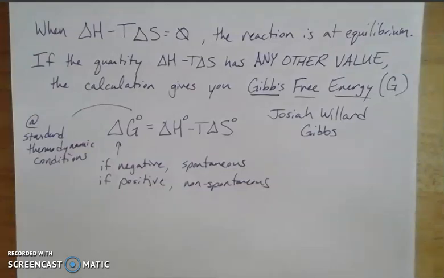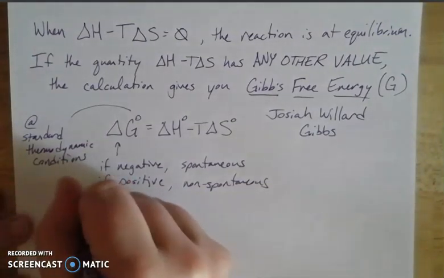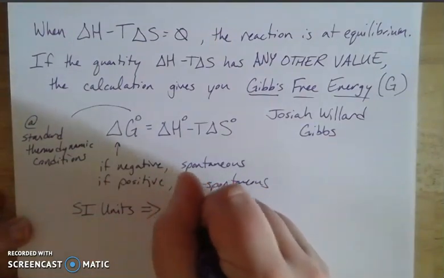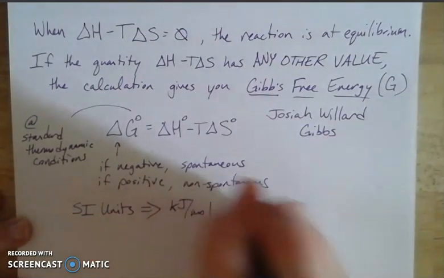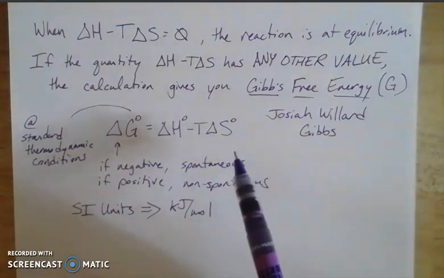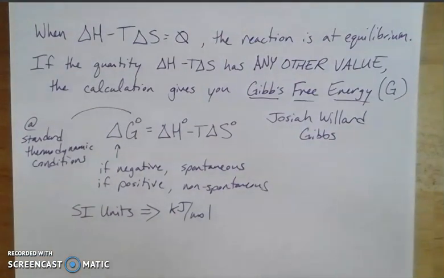Now, the units on G, if we're thinking about SI units, would be joules per mole, but the standard unit for G is the kilojoule per mole. So it's in the same unit as enthalpy. Recall that our entropy is usually in joules per Kelvin, so our temperature has to be in Kelvin, and our joules per Kelvin would have to be converted in order to get to the kilojoules per mole.